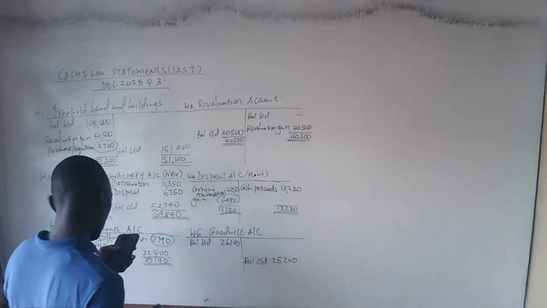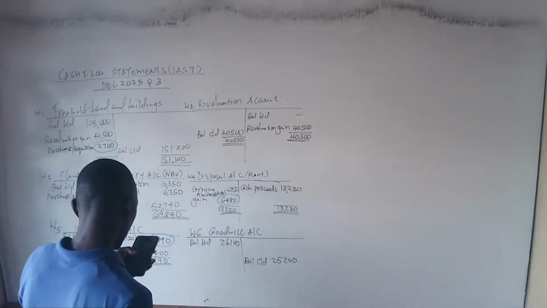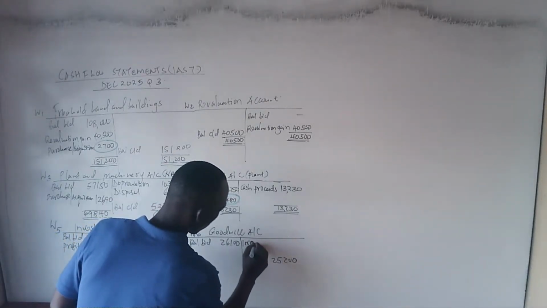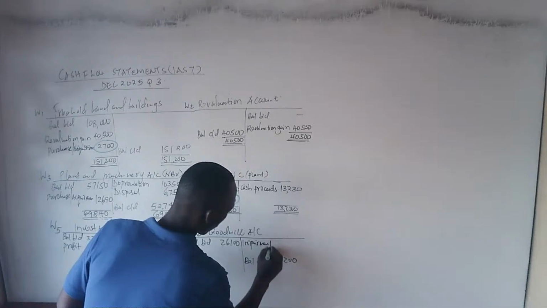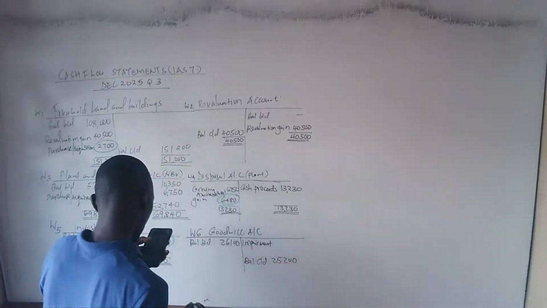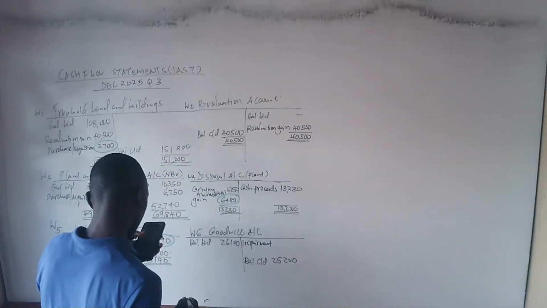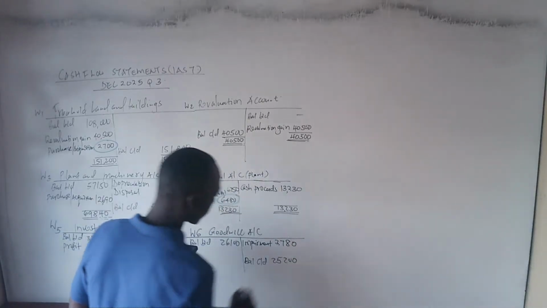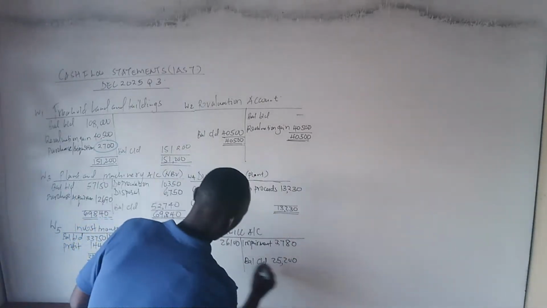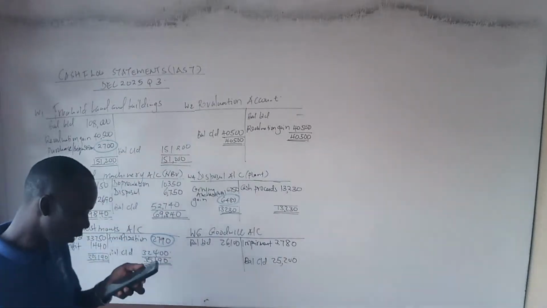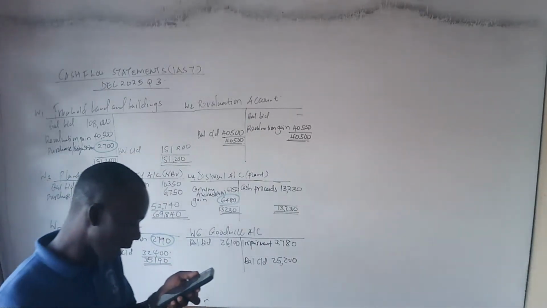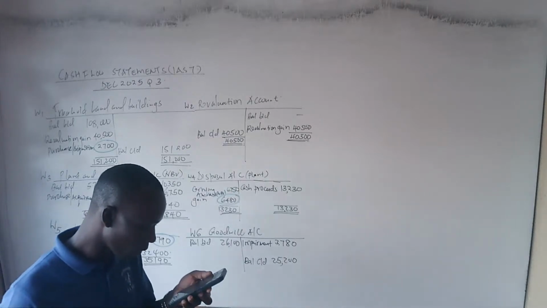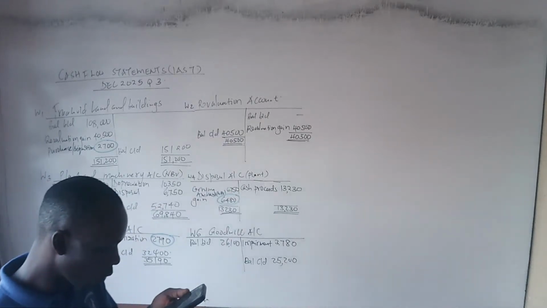Then from there, we had impairment, sorry, we had the impairment of goodwill. The goodwill was impaired by 3,780. That is additional information number 5. We are told during the year ended 30th September 2025, impairment of goodwill was 3.78 million shillings.